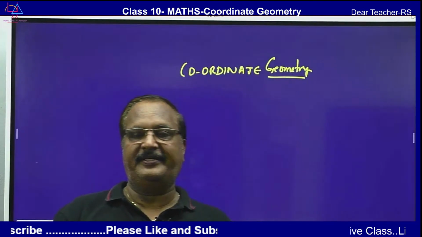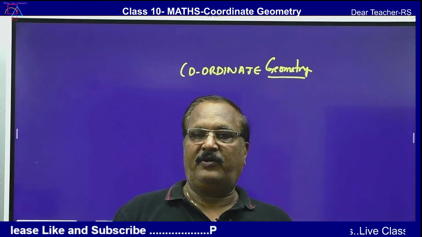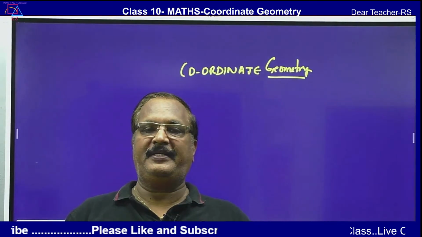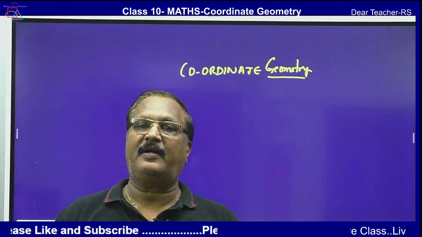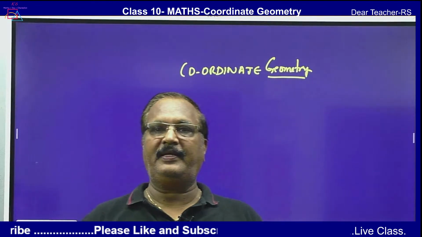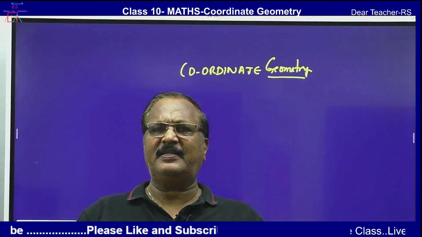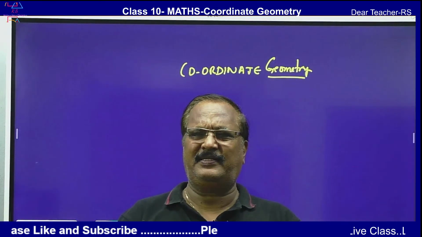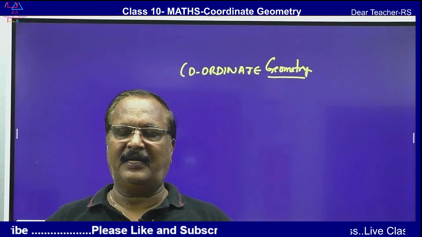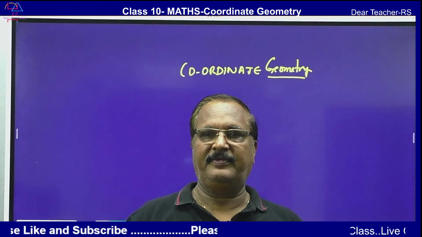Coordinate geometry comes from the coordinate plane and Cartesian plane, right? What is a coordinate plane? What is a Cartesian plane? Basic, you have already learned it last year. I am not going to give so many things.